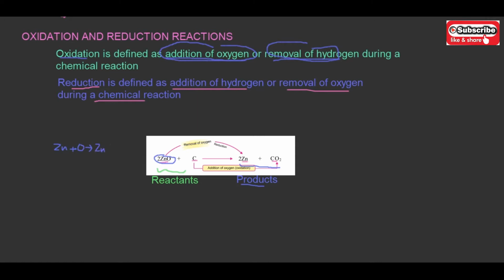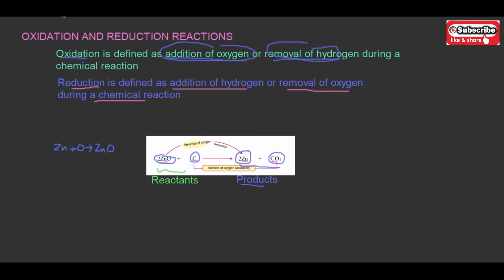As you can see on the reactant side we have zinc oxide, while another reactant is carbon atom. In case of carbon atom, it is not bonded to any other atom. We can say that it is alone. It has not chemically reacted with any other atom. Once you look at the product side, zinc is alone but carbon atom is bonded to oxygen atom.